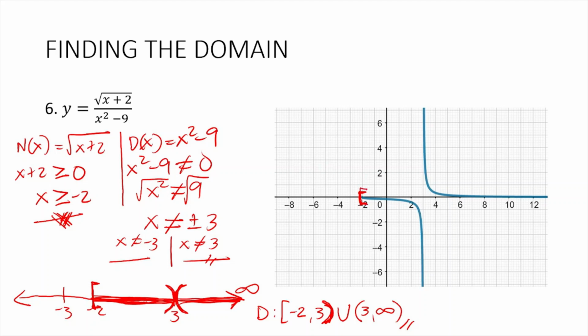So we start at -2 here, then we go to the right, and we do not cross x equals positive 3. At this point, we have a vertical asymptote, so the curve will not cross this x value. This is x equals positive 3. And then from x equals positive 3, excluding x equals positive 3, we go to the right up to positive infinity.